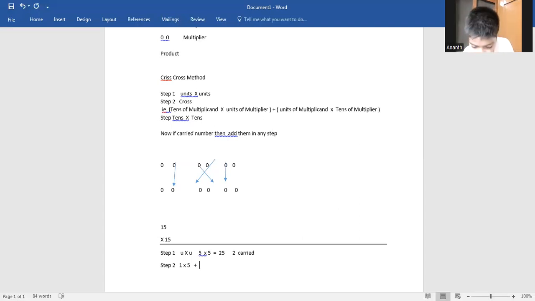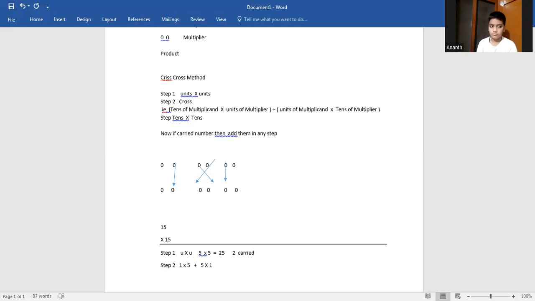Plus what? Multiplicand unit. What is multiplicand unit here? 5 into multiplier tens. Again, you are not playing or seeing. Two things are happening. Don't do that. Focus on the screen.